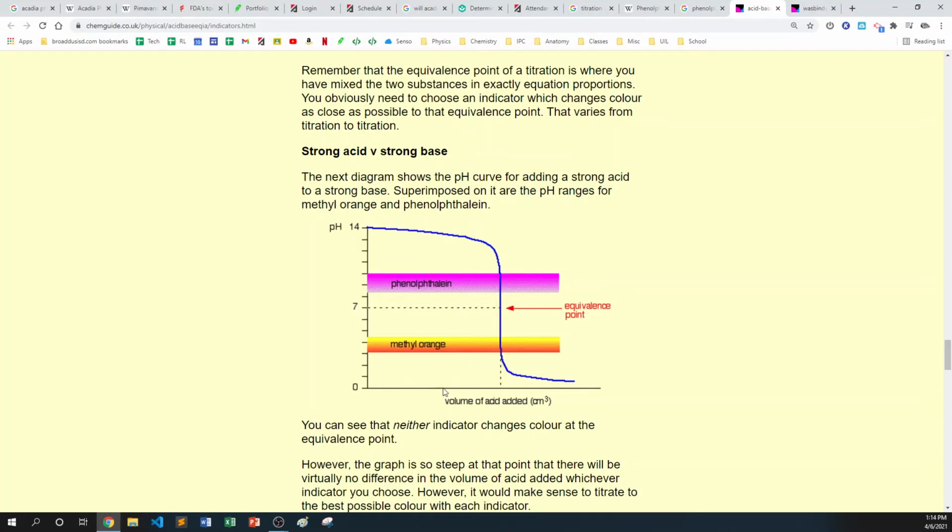And this is the volume of acid being added to your solution. You can see that when it's neutralized is when there's only water, when there's no more acid or base. So a solution that has been neutralized is at 7.